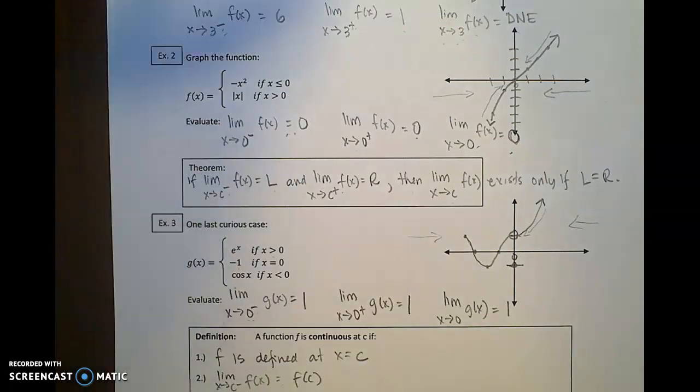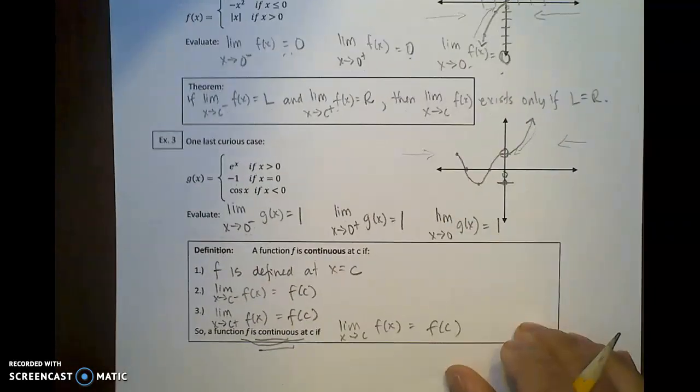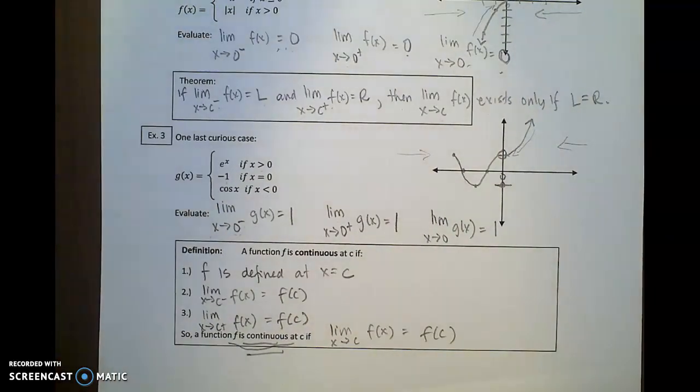Alright, so now we're going to define what it means for a function to be continuous. Here are the three requirements for a function to be continuous. First, f is defined at x equals c, meaning that when we plug our c value into our function, we do get an answer. The second requirement is the limit as x approaches the c value from the left is equal to the output of f of c.